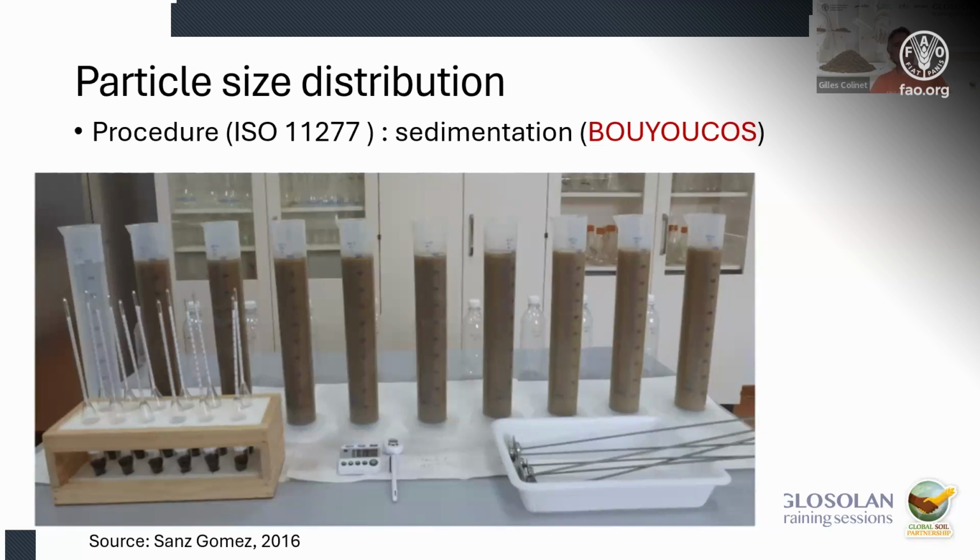All these, you remove from the 15. So you know that you had, for example, 12 grams of solid mineral particles in the soil. You measured 5 grams of sand, so you have 5 grams divided by 12 and a half, and you have the percentage of sand. The same for the clay particles, and you have the percentage of clay and so on.